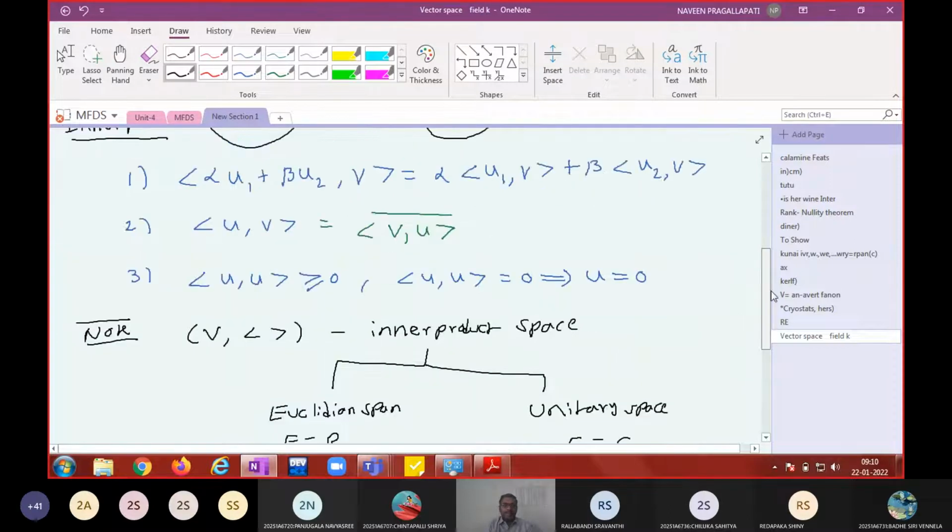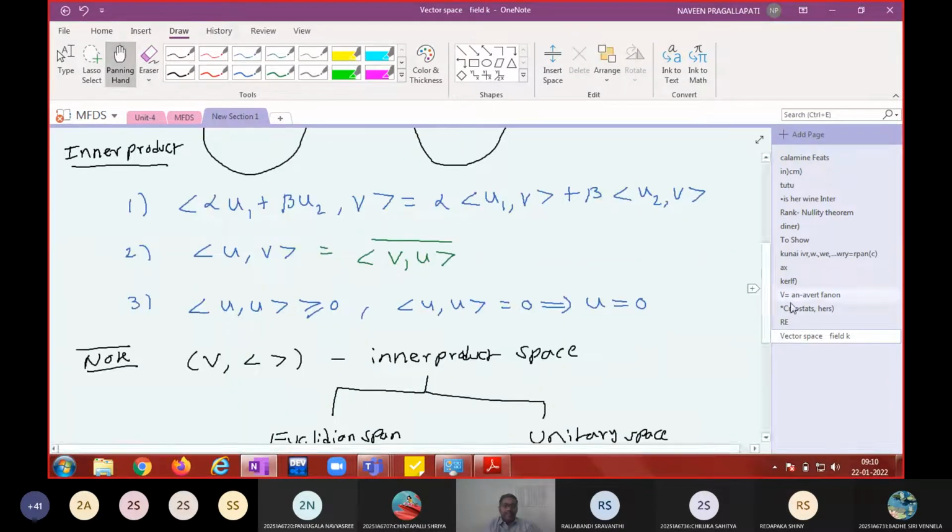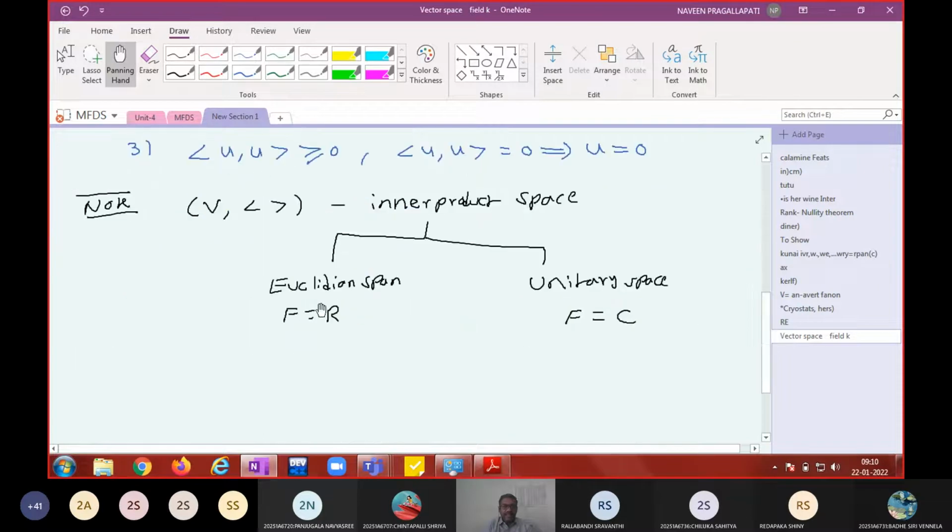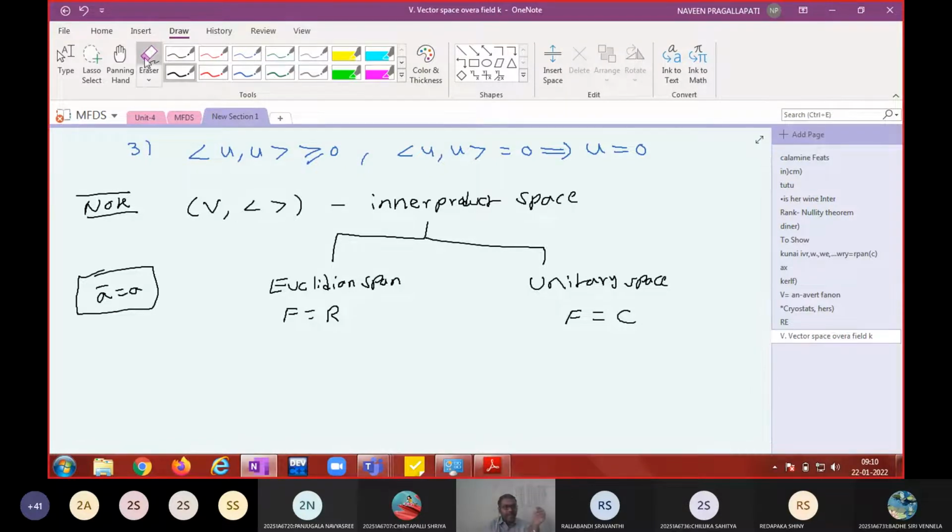So if the field is the real numbers, what is the property of a real number? A bar equals a. Do you agree? Every real number has this property.